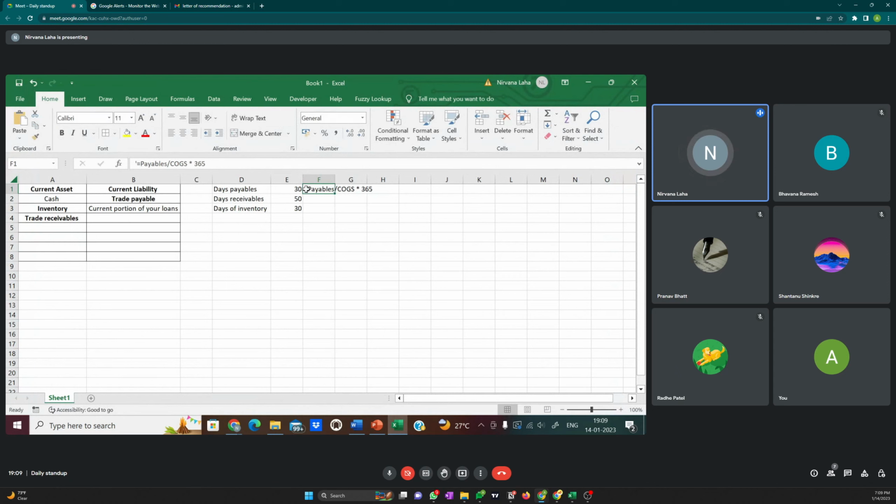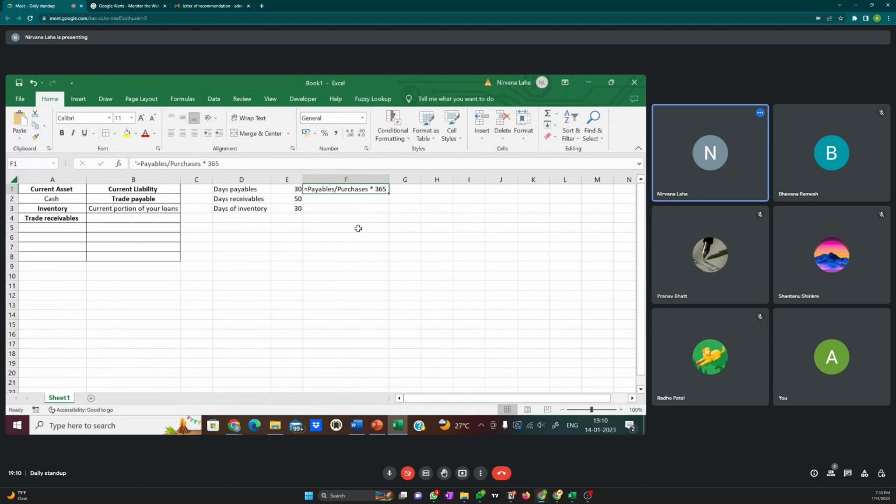What does this mean? This formula may sound complicated, but it's actually very simple. What is cost of goods sold? It is basically a proxy for the amount of material you are purchasing, right? So the actual accurate formula is payables by purchases into 365.